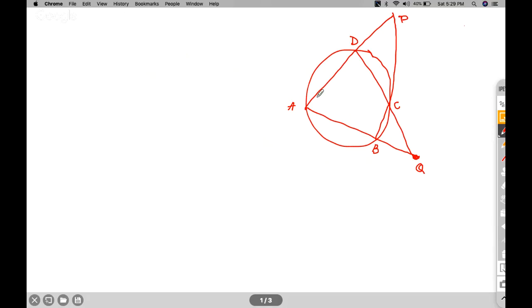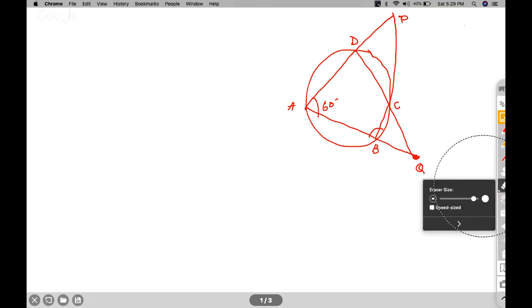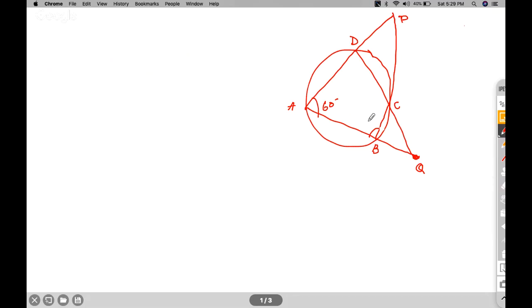So this angle is 60 degrees, and this angle is 80 degrees. You have to find angle DPC and angle BQC.